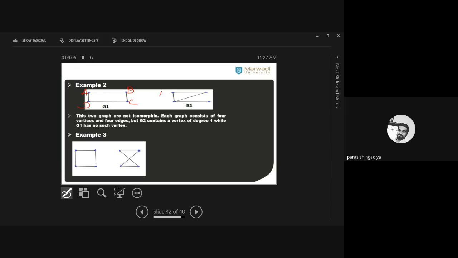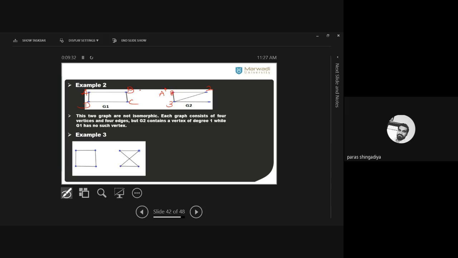If I consider this place as A dash, then it is not a suitable place for A, because A dash is adjacent with 2 more vertices, and one vertex has degree 2 and the second vertex has degree 3. Clear? So we cannot say it is the image of A. Here the degree is 3 and that is degree 2. So it is a contradiction with the first graph.